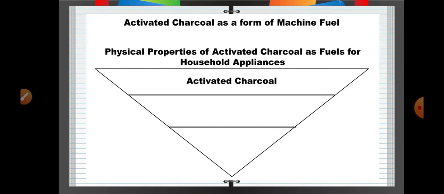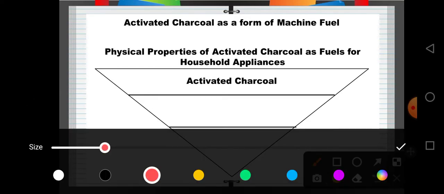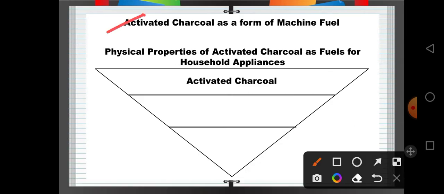However, continuing, what is the most limited topic, which has the most limited scope? If you compare the last two topics, activated charcoal as a form of machine fuel and physical properties of activated charcoal for household appliances, we can say that the third one is the most limited one.